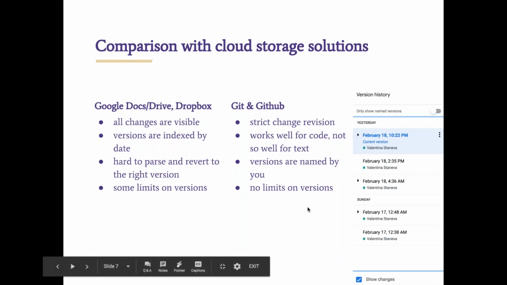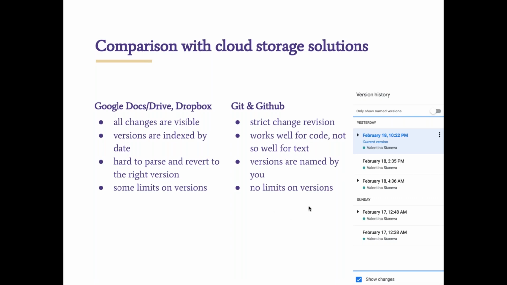And Git and GitHub, well, it's different. Google Docs is perfect when you write documents with other people. Git is very good for code, not so good for writing maybe a paper. The reason is that Git is more strict about how you save your changes and versions.